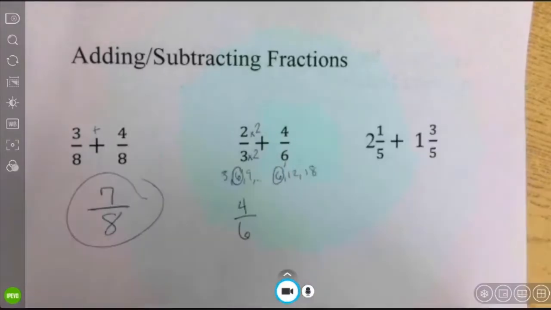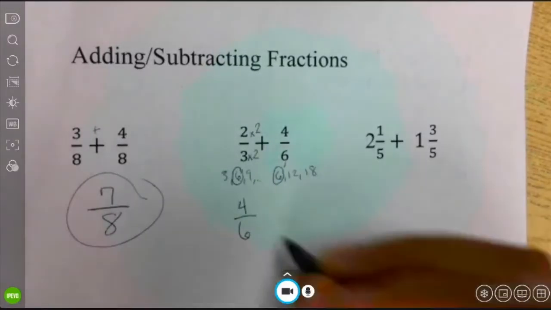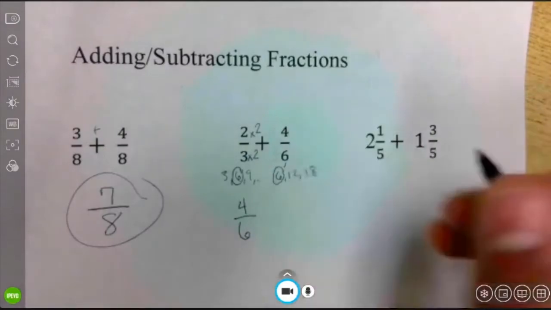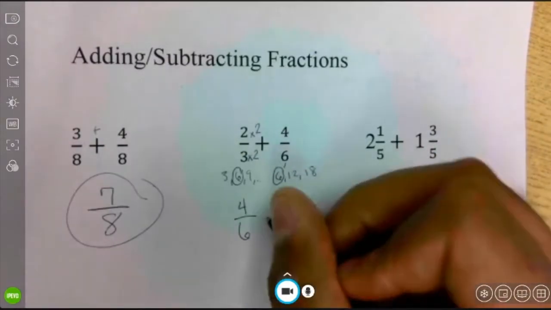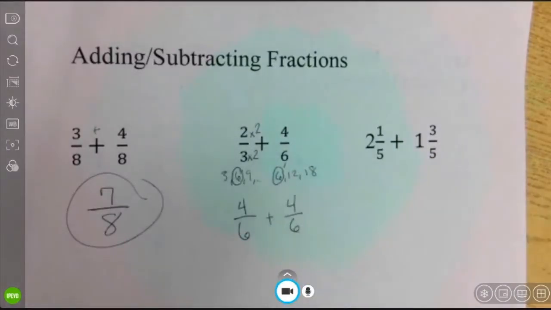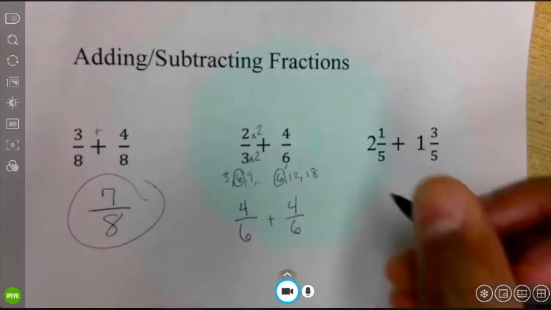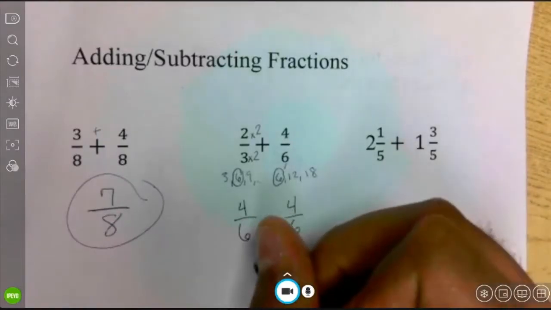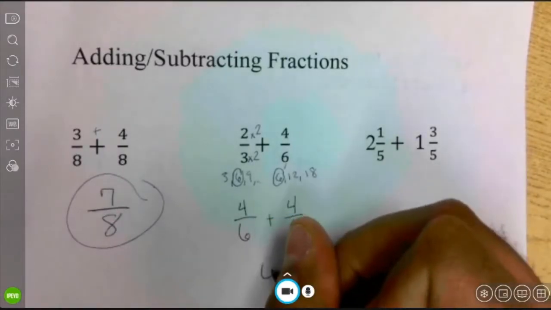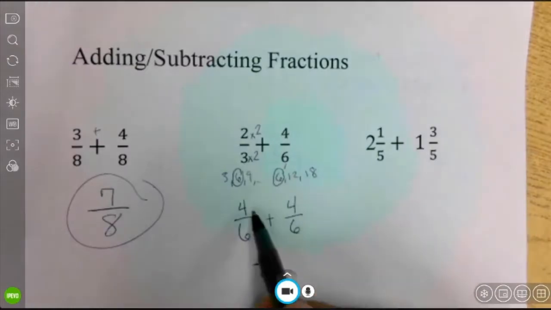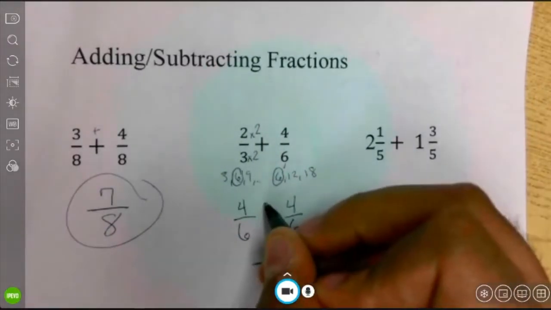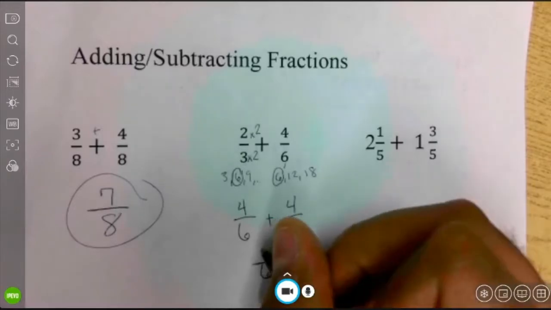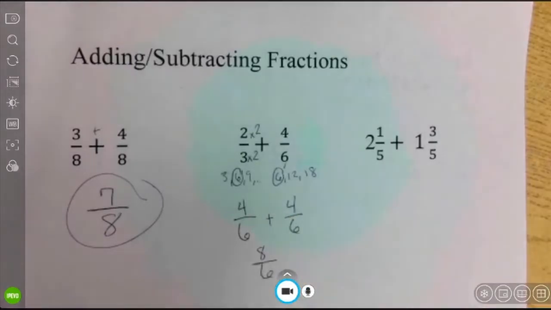And since our other fraction already has 6 as its denominator, we keep it the same, 4/6. And we add them. Now we have a common denominator of 6, and we just add our numerators. So 4 plus 4 is 8.